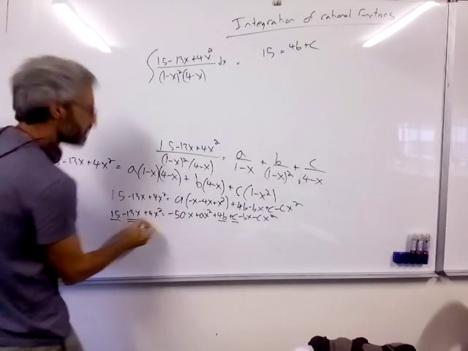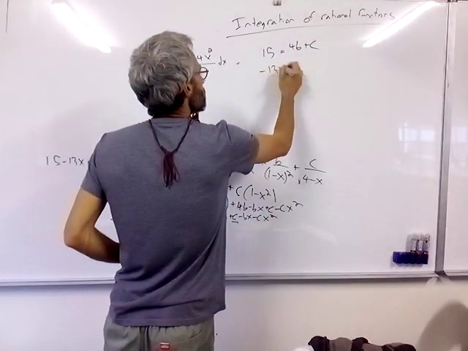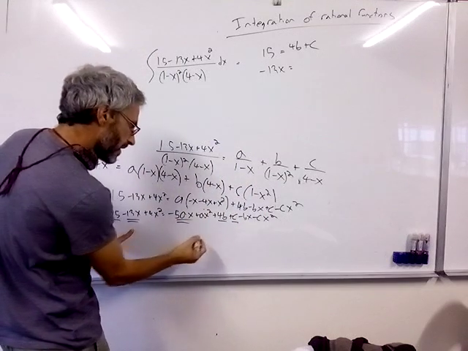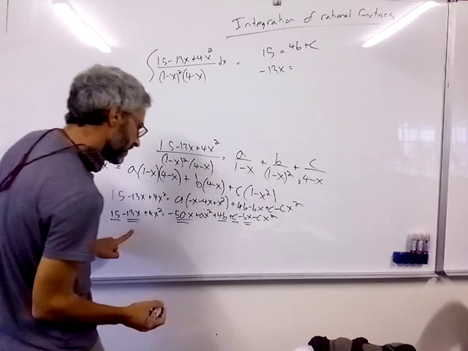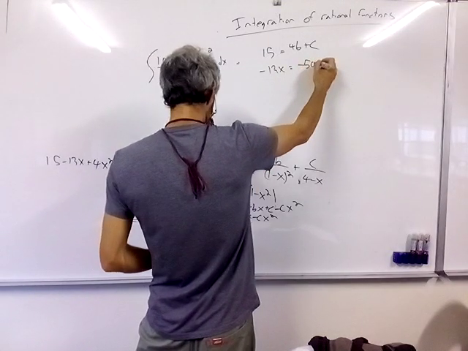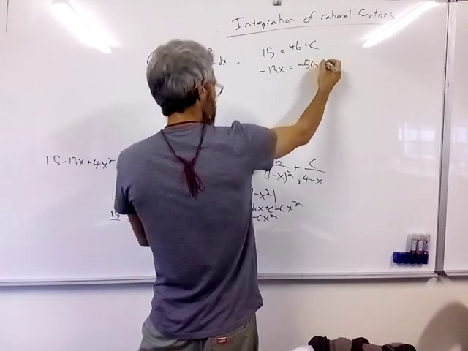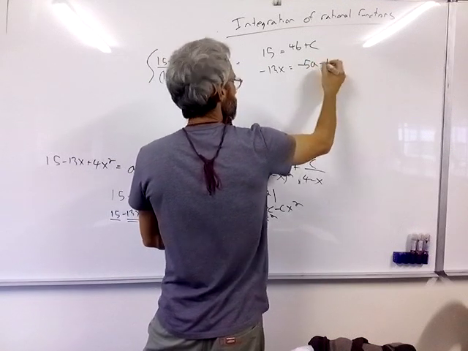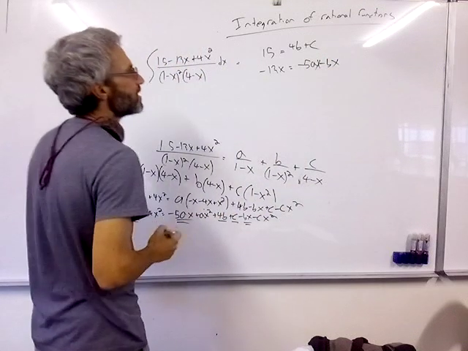Let's look at the x's. Minus 13x will be equal to minus 5ax minus bx.